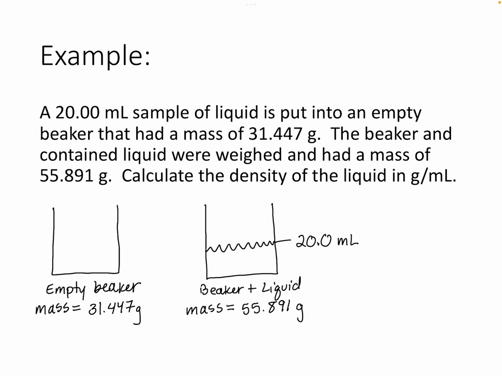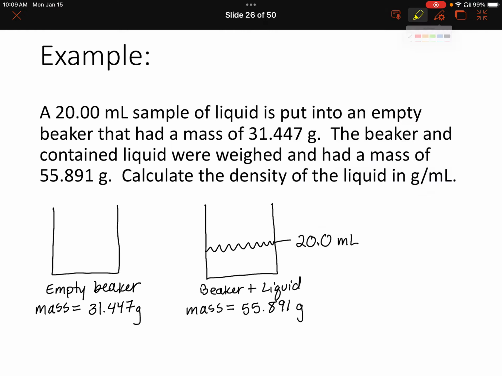All right, so to calculate the density of a liquid, obviously we need the mass and we need the volume. So in order to get the mass of just the liquid, we need to subtract the mass of the beaker because otherwise that's going to give us a different density, or a false density.